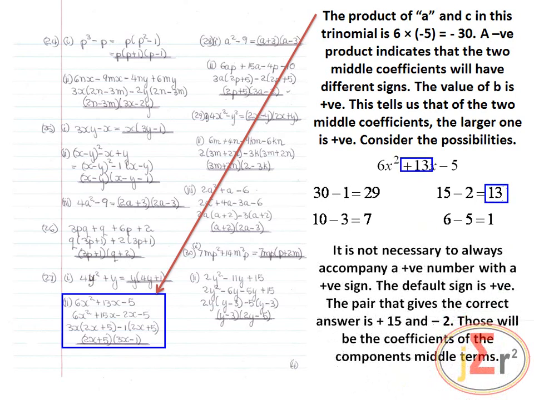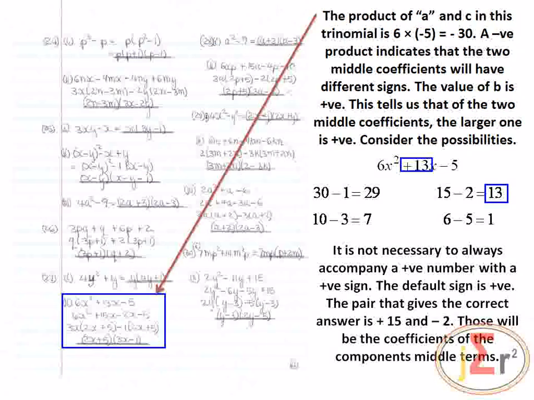So we have identified the two numbers that have a product of negative 30 and a sum of positive 13. No doubt they are positive 15 and negative 2. It is not necessary to always accompany a positive number with a positive sign.